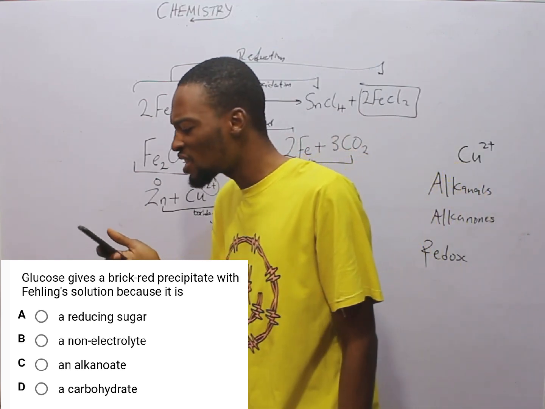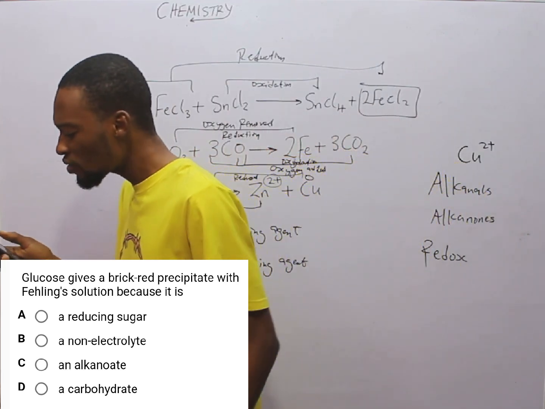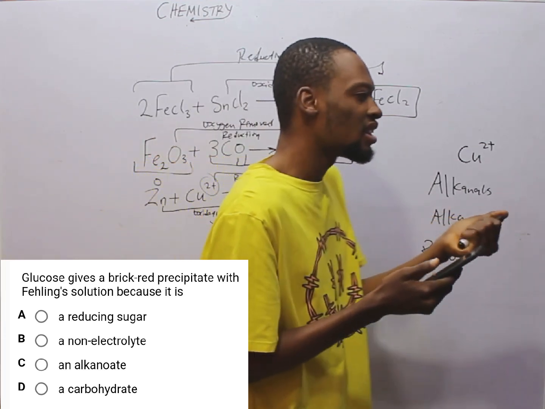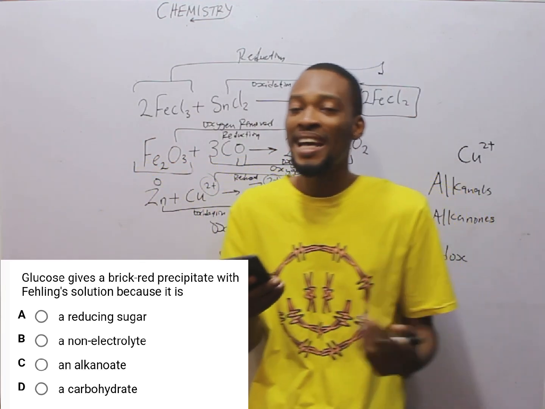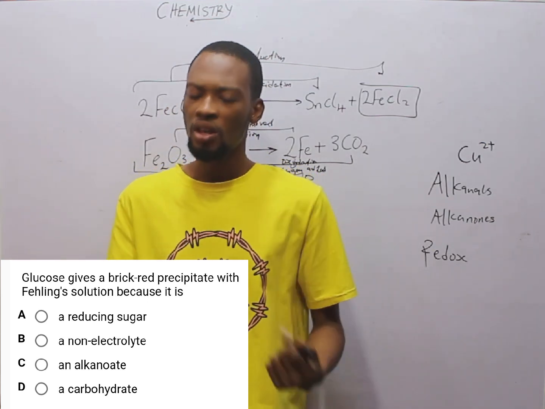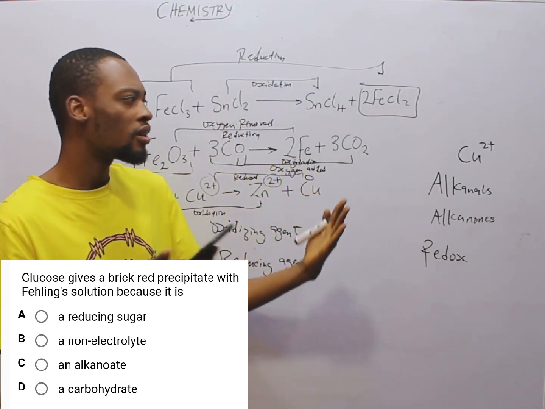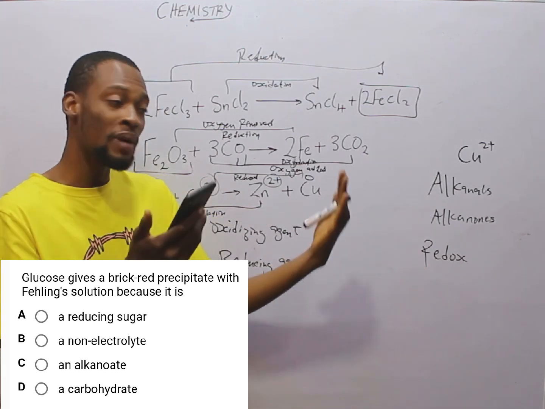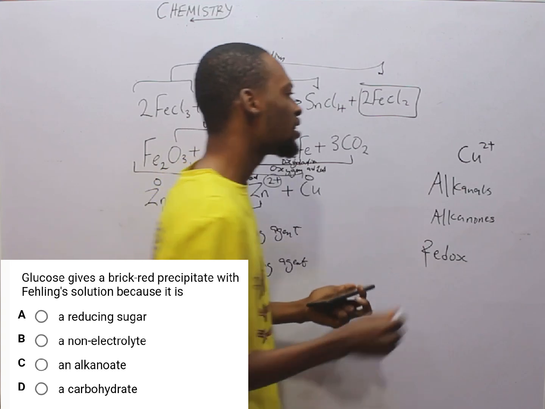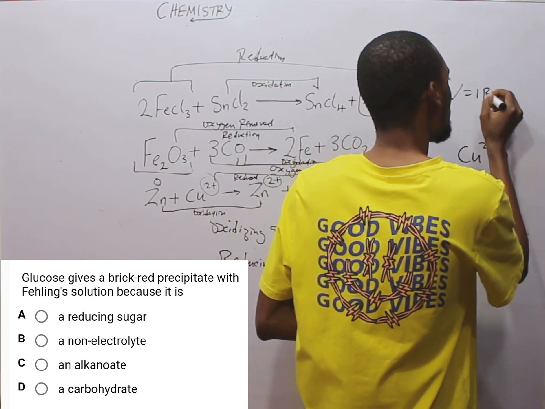Option B says because it is a non-electrolyte. Electrolytes are compounds that conduct electricity when they are in molten state or in solution. Look at conductors. Conductors are good. They allow electricity to pass through them easily. They have lower resistance. Remember, V equals IR.